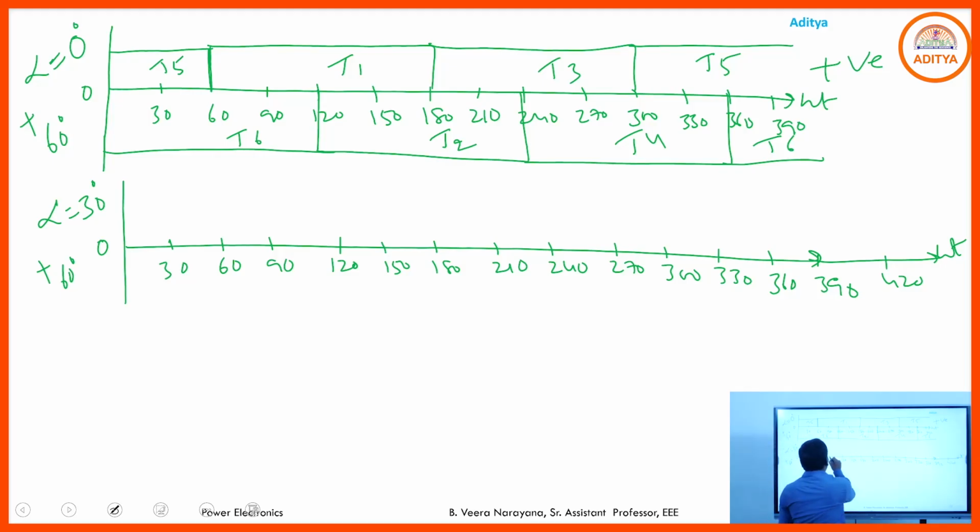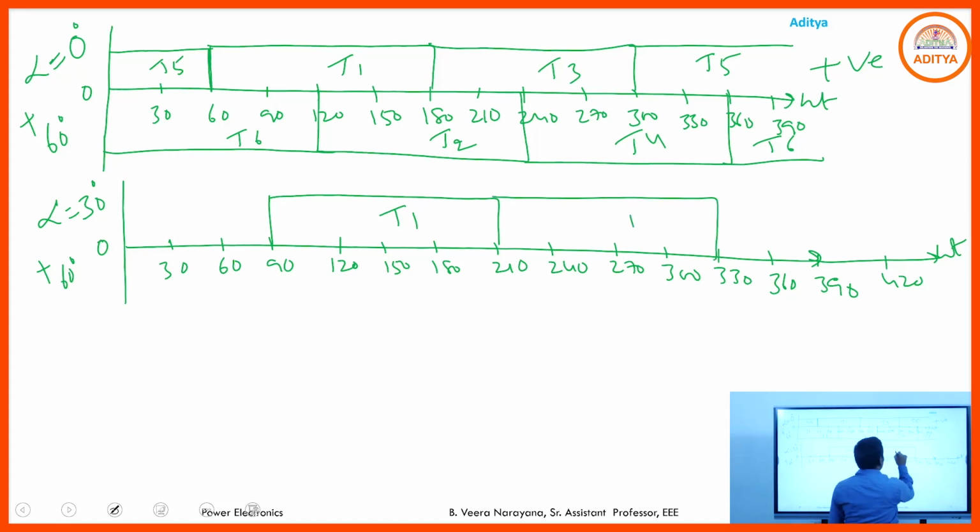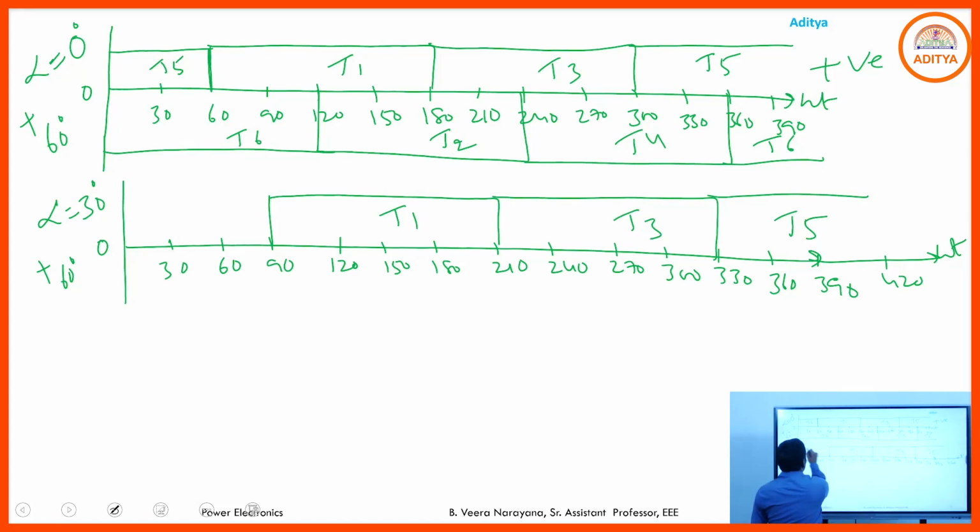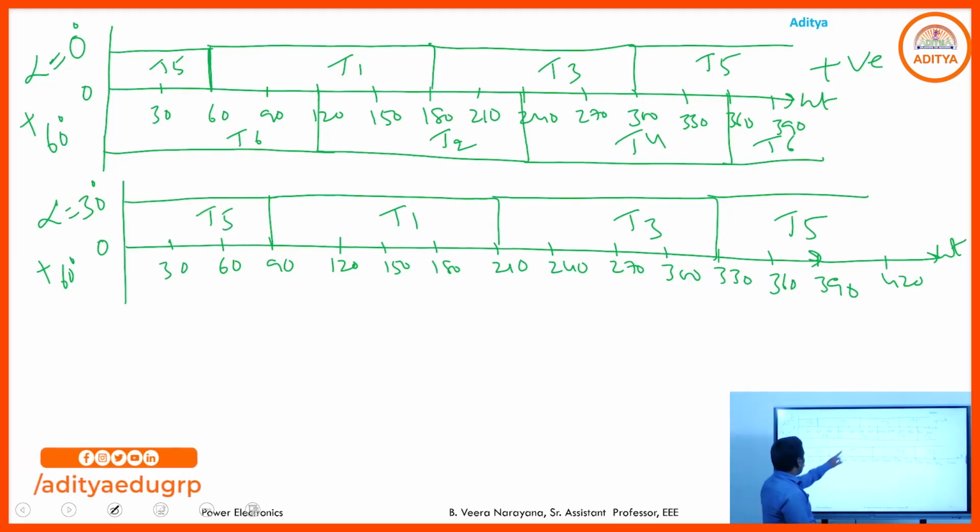So go through that. 90 to 90 plus 120, 210. 90 to 210, T1; 210 to 330, T3; next T5, and before this, T5. If T1 is on at 90, where does T2 come to the on state?